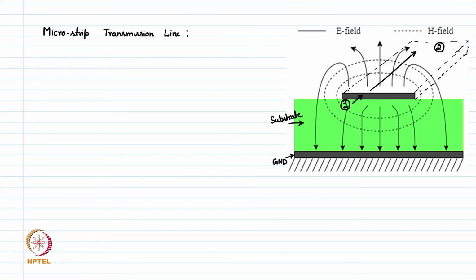Electric field lines will originate from the microstrip and they have to terminate at the ground, somewhere on the other side. So, one option is that when the electric fields originate, they find the least possible path from source to the ground.